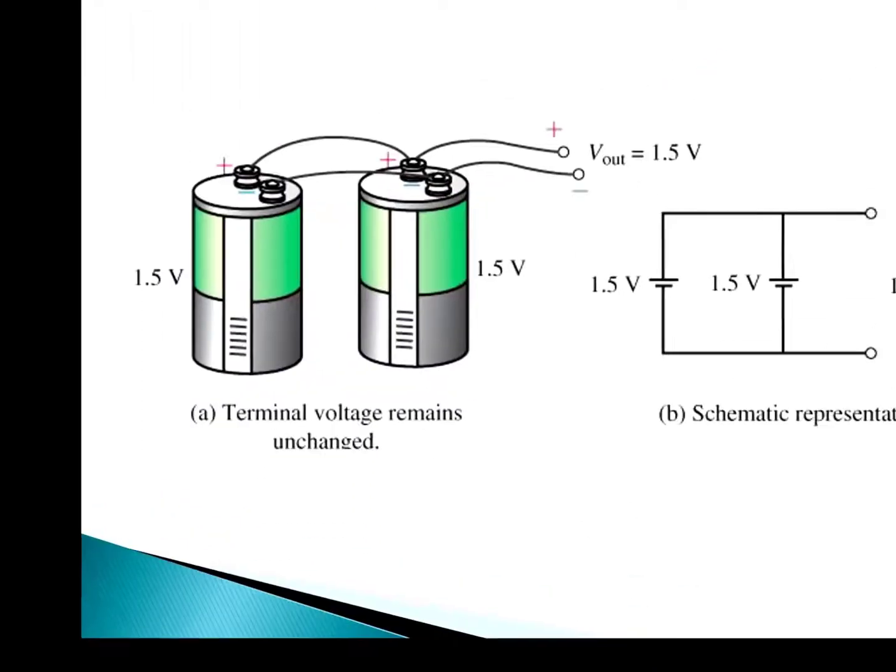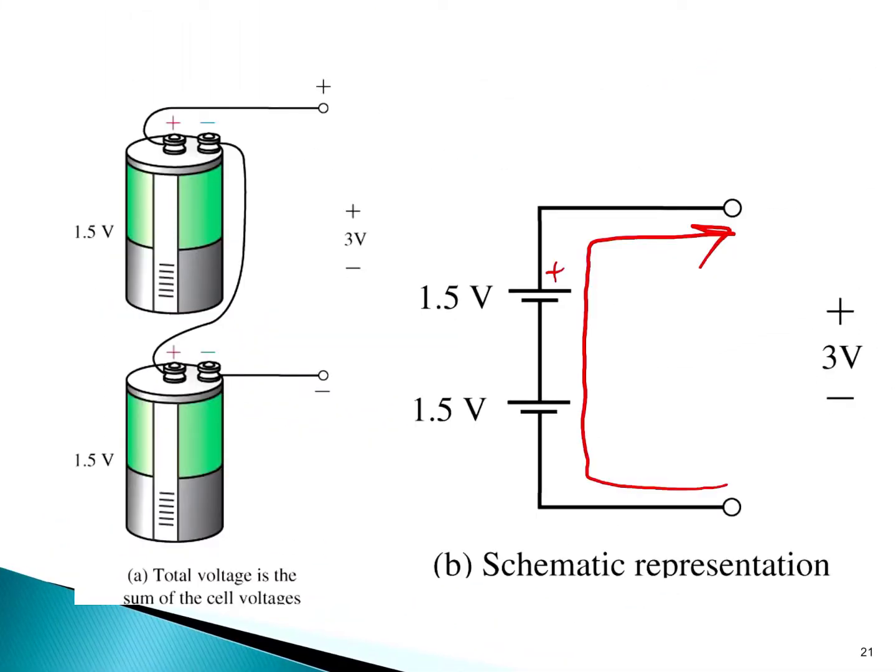If you were to connect a circuit, the conventional current would be in this direction, but there'd be only one path for current to flow through these sources, and this is what defines these sources as being in series.